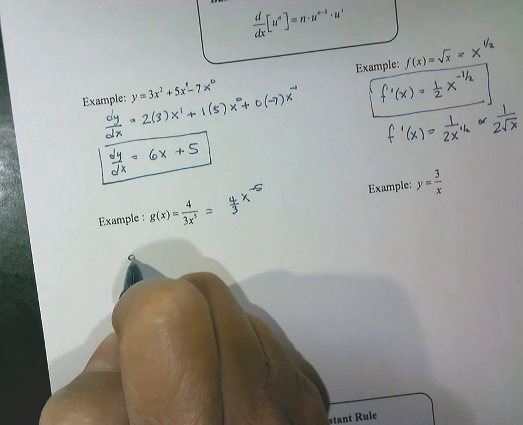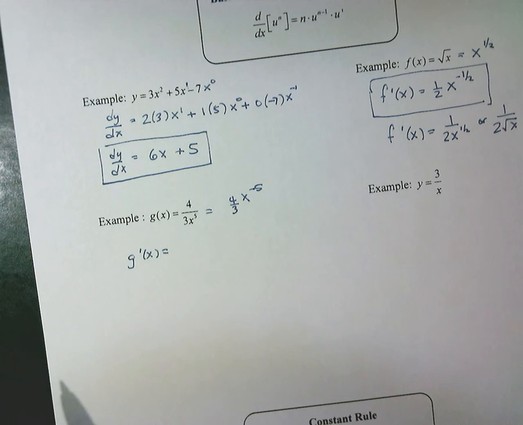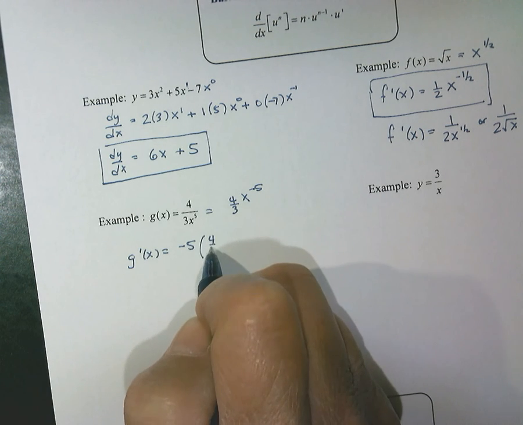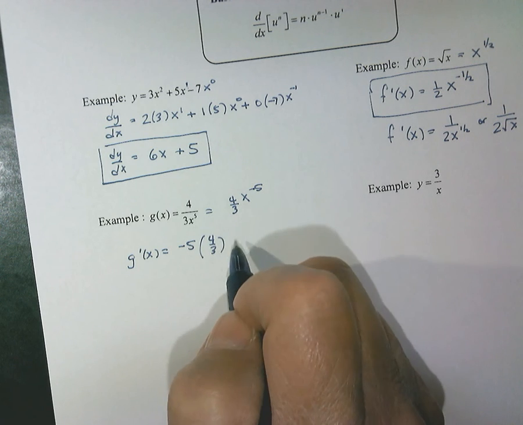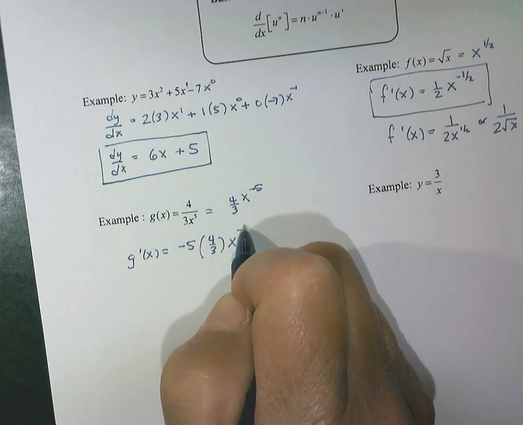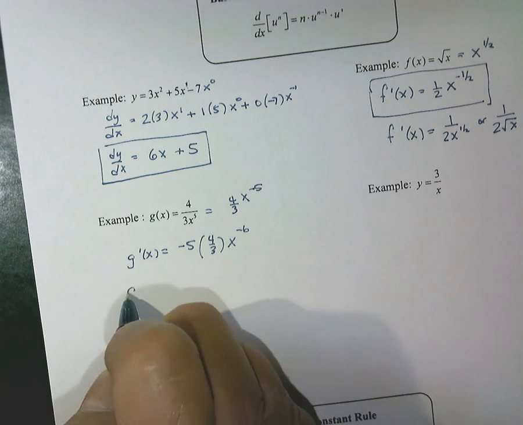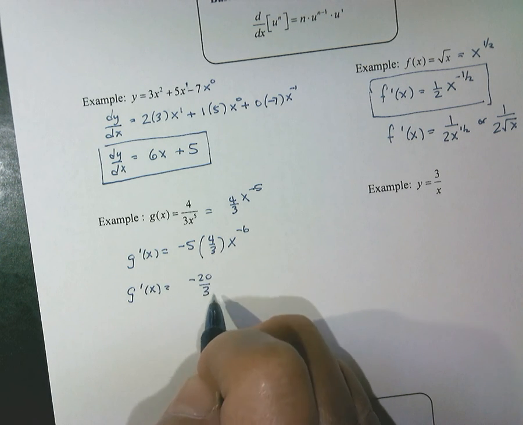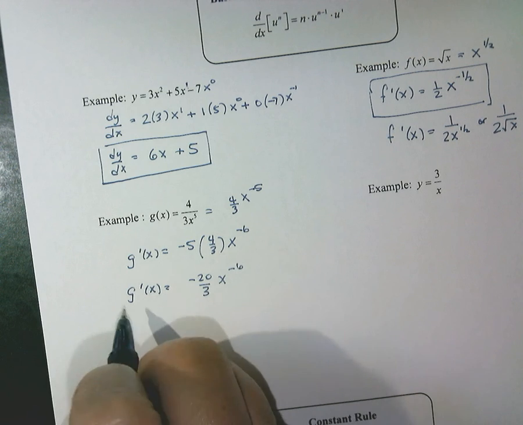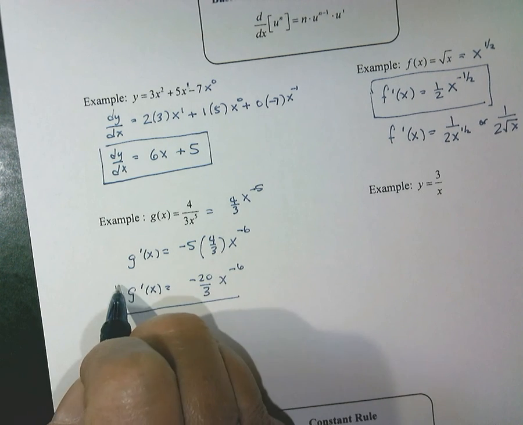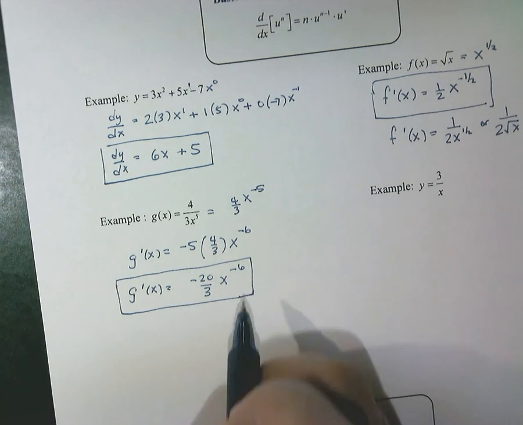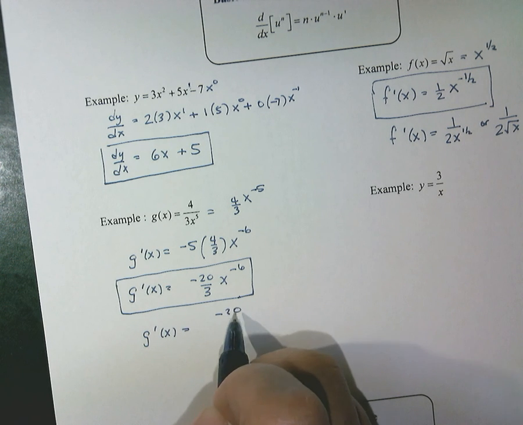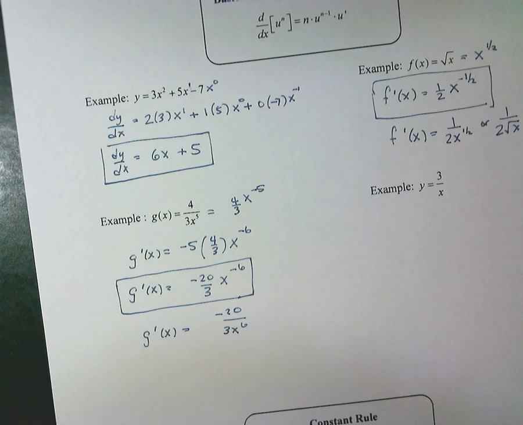So then the derivative, g prime of x, I'm going to bring the negative 5 out front, multiply it by the 4/3, and subtract 1 from the negative 5, so I get negative 6 power. So I would rewrite this as g prime of x equals negative 20 over 3 x to the negative 6. Once again, you can leave it like that, depending on what you're going to do with it. Or if it makes you happier, you can write this as negative 20 over 3 x to the 6th.